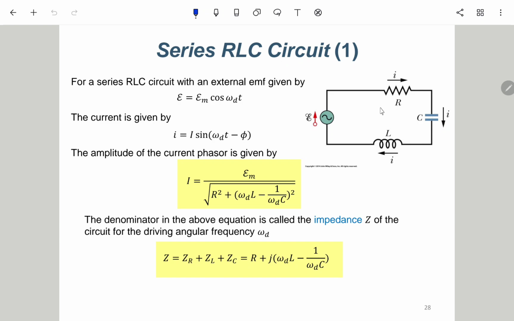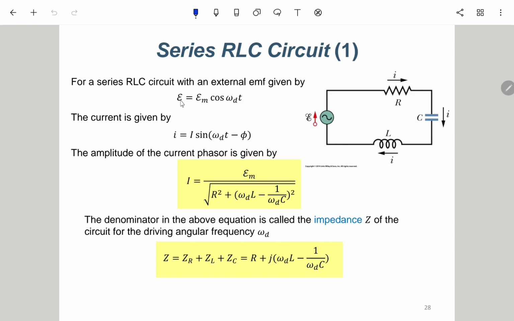But here, we don't consider any initial energy. We have a source. Okay, even though it has initial energy, it will decay. So later on, all the response in this RLC circuit will be dominated by this AC source.